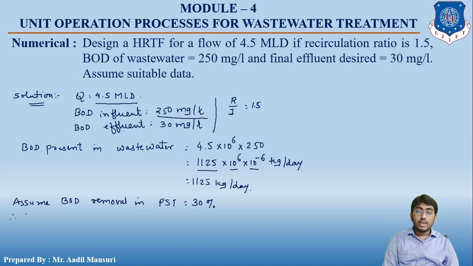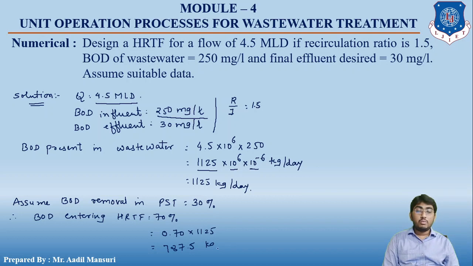Therefore, can I say that BOD entering HRTF will be equal to 70%. That will be 0.70 into 1125, which equals 787.5.